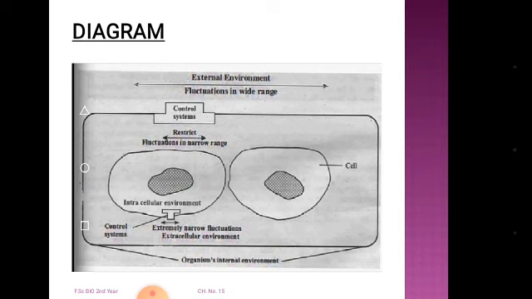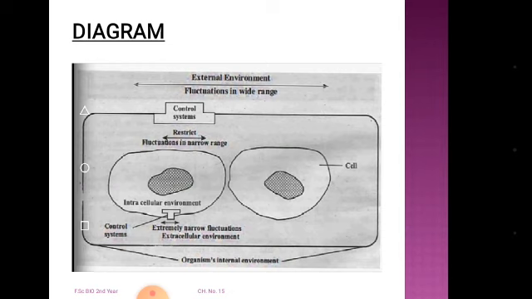Similarly, there is a control system that shows a narrow range of fluctuation in the temperature or in the cell. Due to this, the cell will maintain its metabolism and body temperature. The cell will maintain osmoregulation, salt and water concentration.